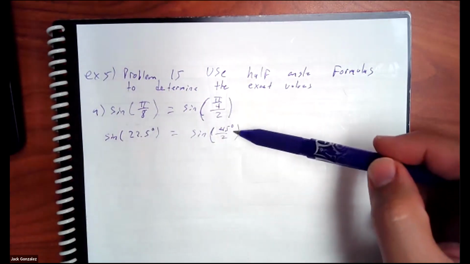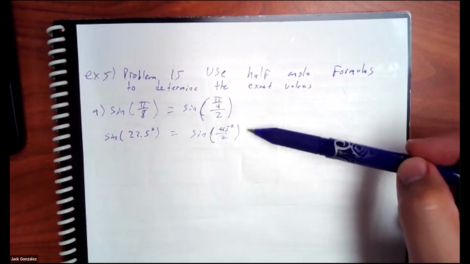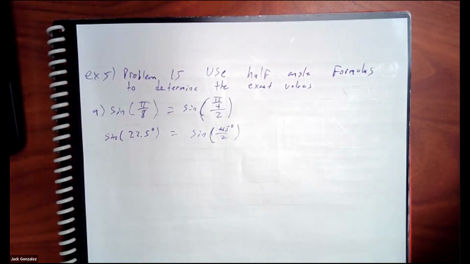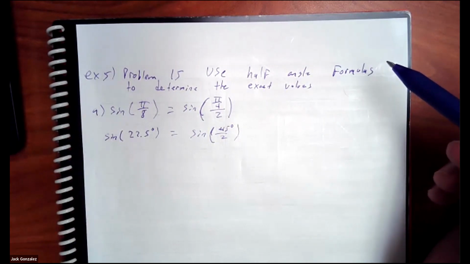See how we're rewriting it? Same thing, this is the exact same thing. So in your formula, what is sine of theta over 2? What's that equal to?